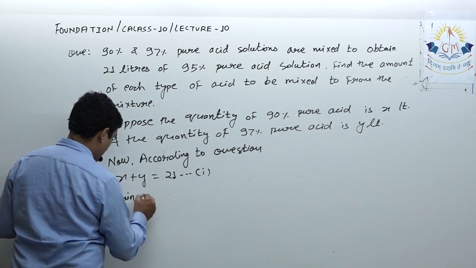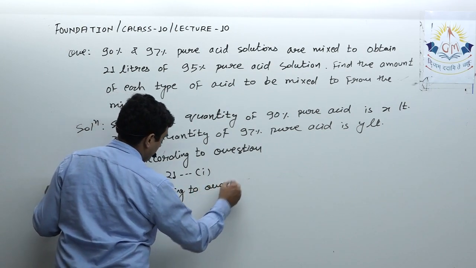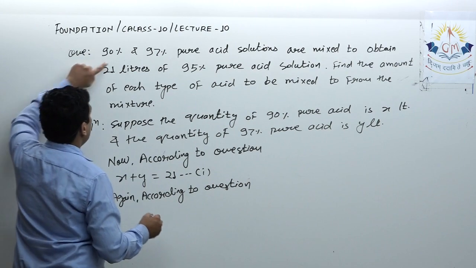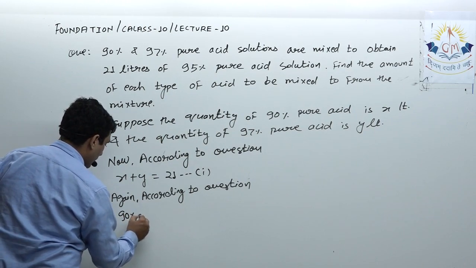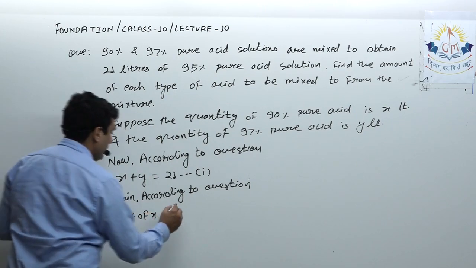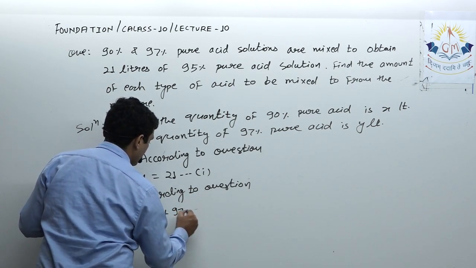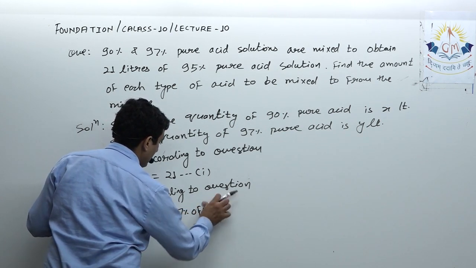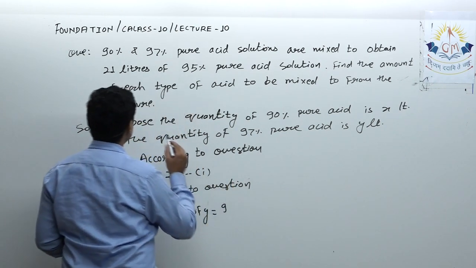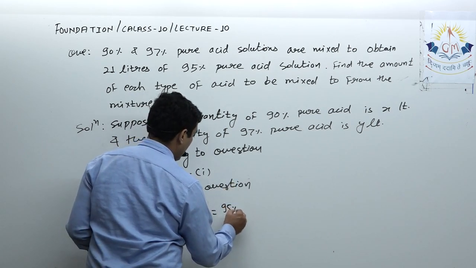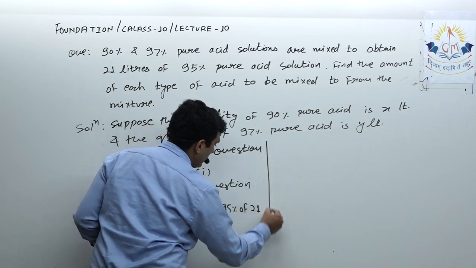Again, according to the question, 90% of x plus 97% of y is equal to 95% of 21. This gives you equation number 2.